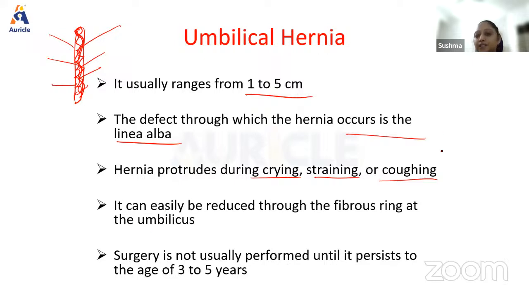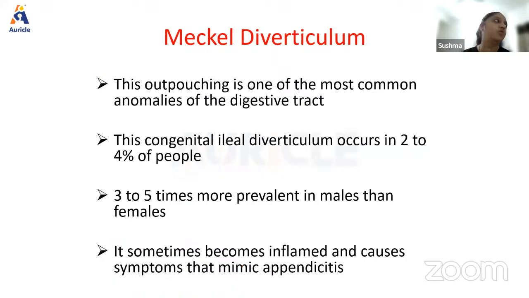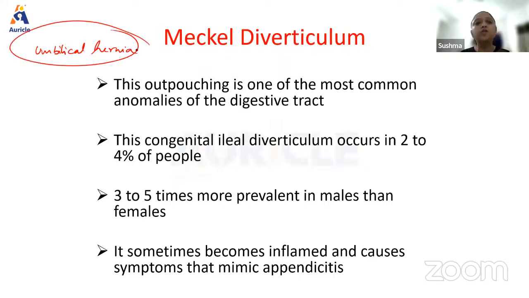Now it generally happens after the first month, and it can be easily reduced through the fibrous ring at the umbilicus. Surgery is usually not performed until it persists to the age of 5 to 7 years. So when you examine a newborn, you particularly will have to comment about umbilical hernia, because it is quite common and many babies may have this, but then it gets reduced on its own.